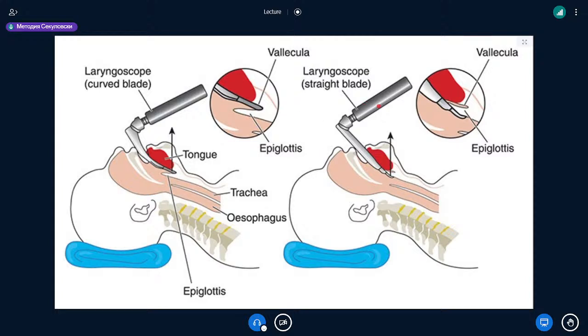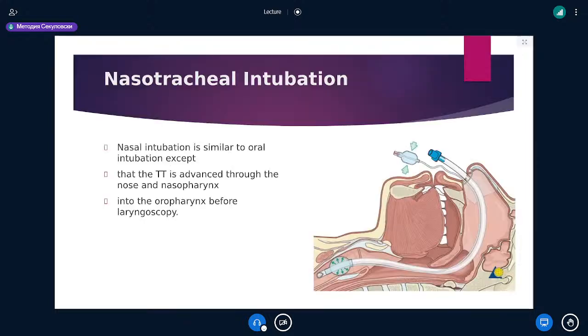But if you are working with the straight Miller laryngoscope blade, the end of the straight blade goes after the vallecula, after the epiglottis, and you catch the epiglottis. When we are working with the curved blade, the end of the blade comes before the epiglottis, before the vallecula.